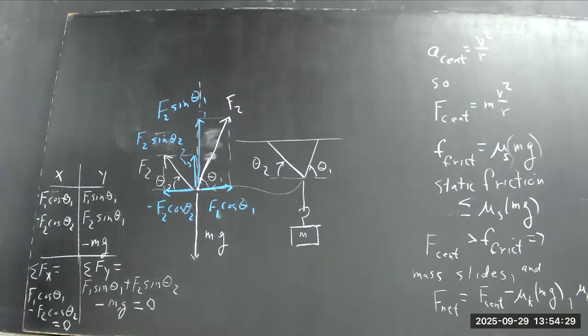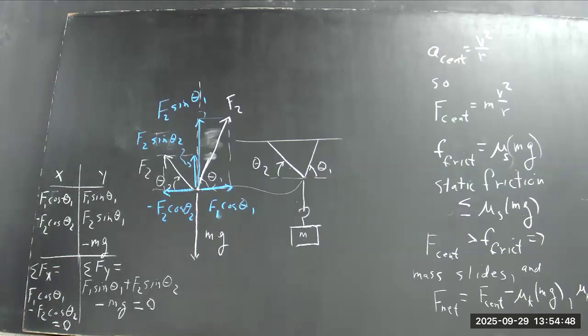It's two simultaneous equations, two unknowns, F1 and F2. Very easy to solve, if you remember how to solve two equations and two unknowns, and you've had linear algebra. If you haven't, you really need to beat your head against the wall a little bit and review that. Okay? Does that make sense?